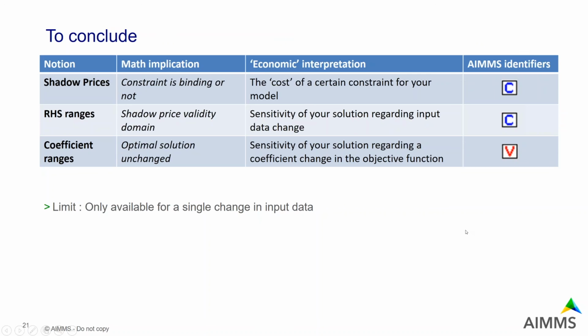So one main limit of all those notions is that those are local sensitivity analyses and are associated to only one constraint at a time, which means that you can do it only one constraint at a time or only one variable, one coefficient, sorry, at a time, which limits a bit our understanding of our model.